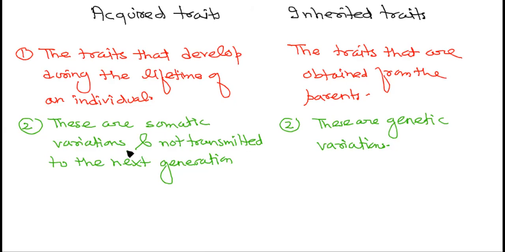Only then can it bear the male hormones. Suppose the conversion is from female to male, then male hormones must be added with the help of somatic variations only, because these will not transmit to the next generation, while genetic variations are transmitted to the next generation.